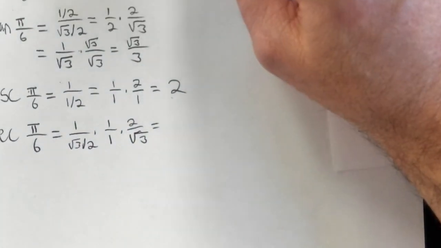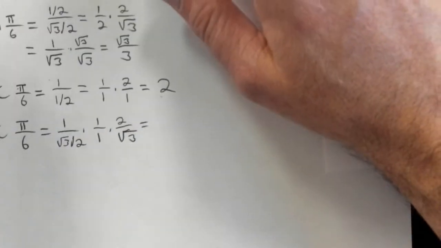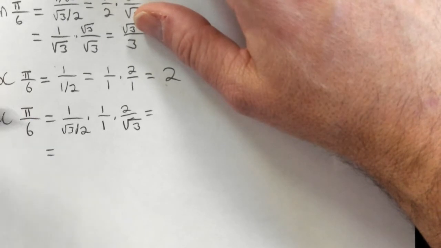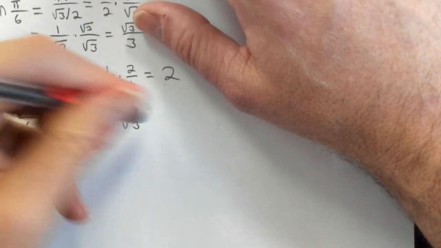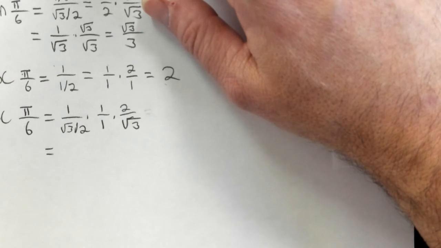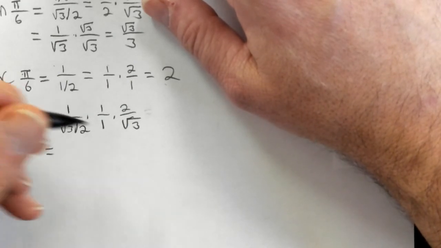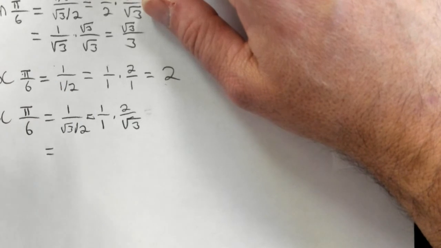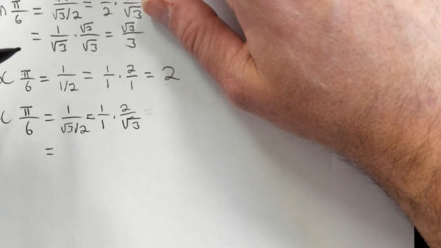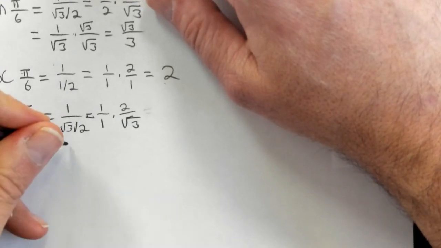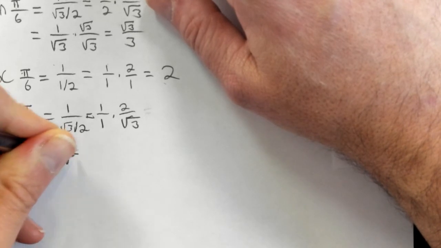And so now as we go through and multiply that out, just go ahead and do it down here, we'll get, let's see, I need an equal there, not a times. And so now when I go through and multiply that out, that's going to be 2 over the square root of 3.